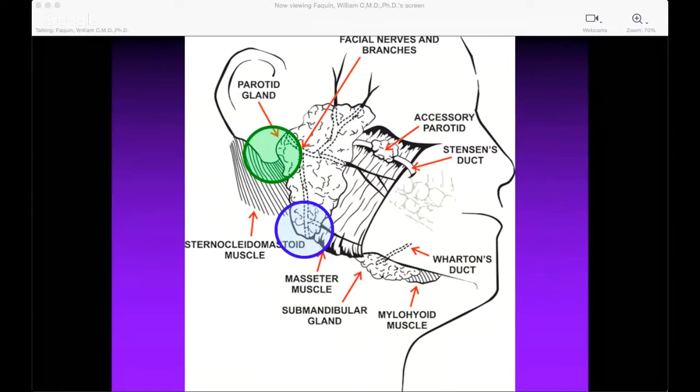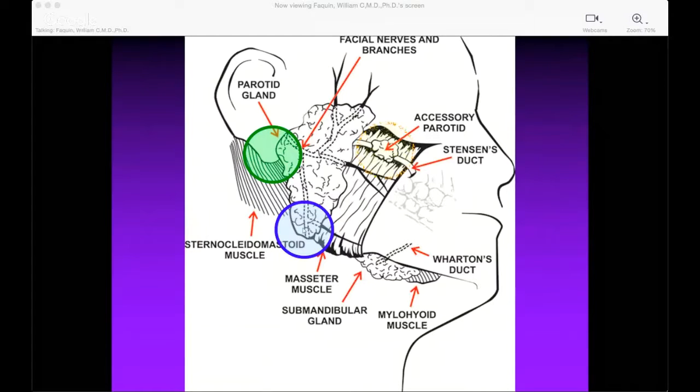Many of the tumors of the parotid gland will occur in the tail of the parotid gland, here at the angle of the jaw. And it's not uncommon, if you're actually doing the FNA, for the clinician to send the patient to you and say, this patient has a lymph node in the upper part of their neck, when in fact you do the FNA and it's a pleomorphic adenoma, and you realize you're dealing with a tumor that's located here in the tail of the parotid.